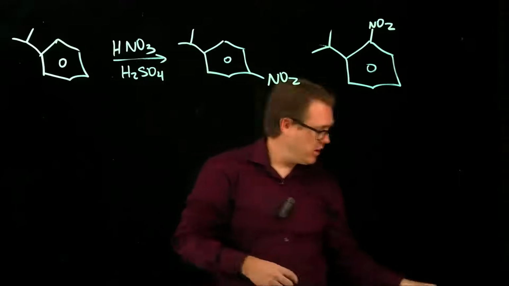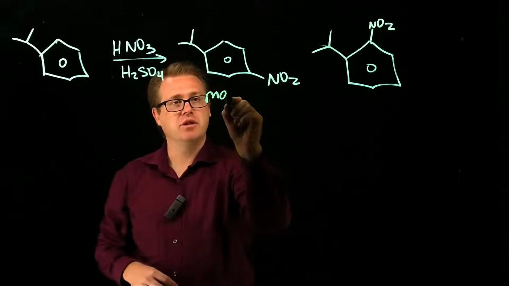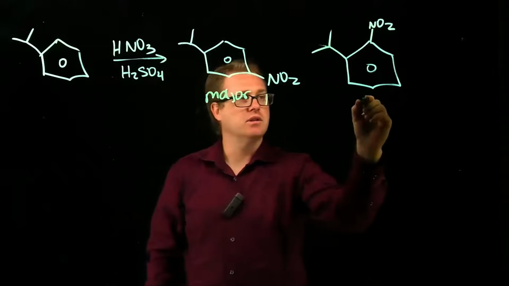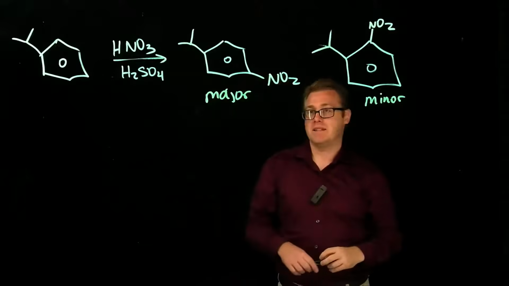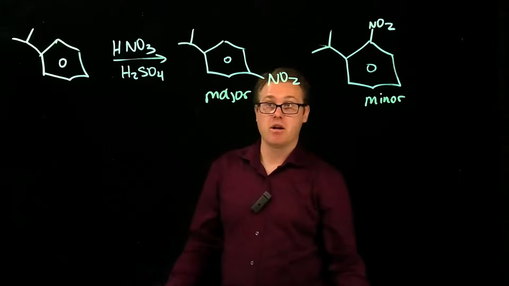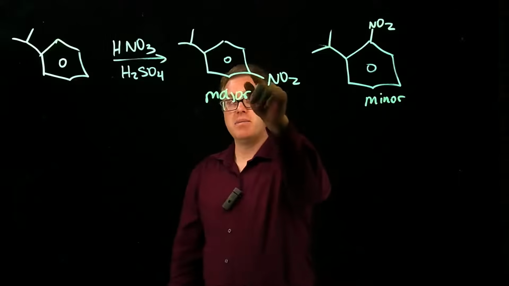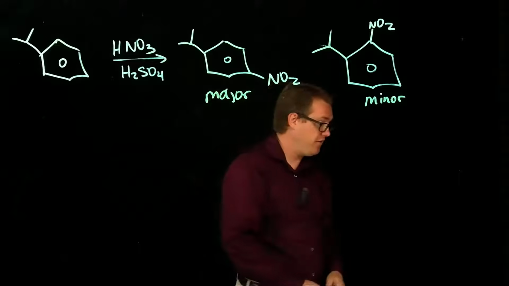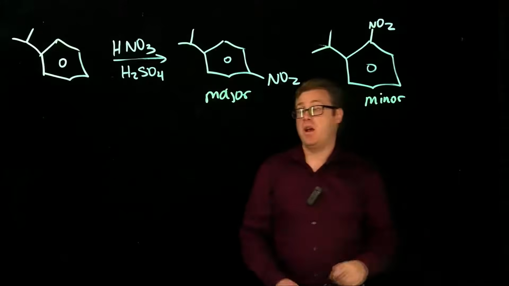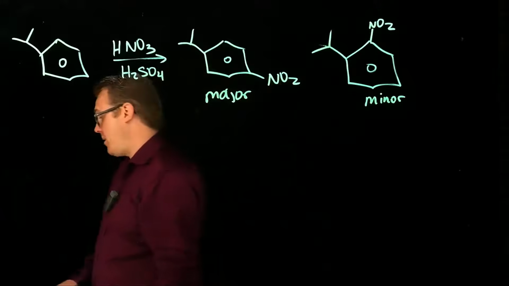Well, we know what para is. I'm going to say that's the major product, and this one's the minor, typically that's the case. And why is that the case? It's a steric argument. The para position is going to have less sterics. So that one's typically going to be favored when you have a monosubstituted benzene.